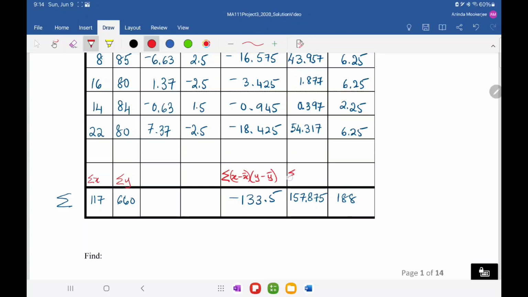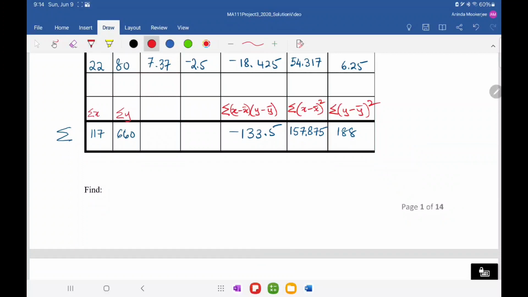And this was sigma x minus x bar squared, which is going to be used to find s sub xx. And then we have sigma y minus y bar squared. All right. So now that we have these values calculated through the table, we will just use the last row values to find the equations.